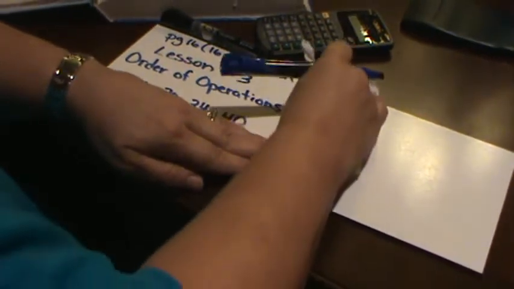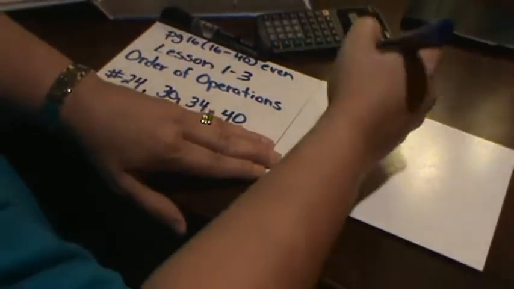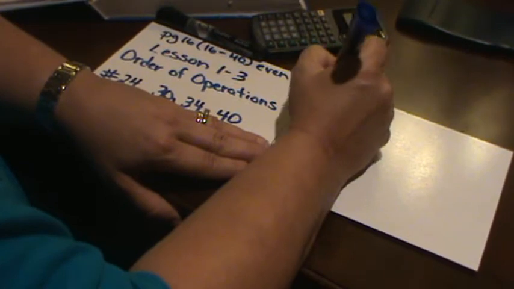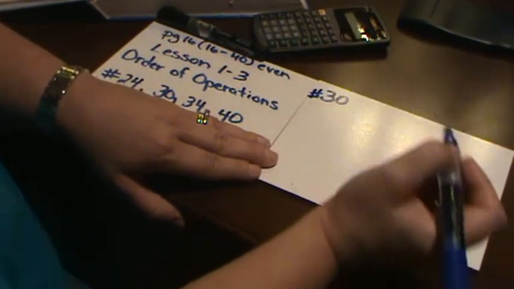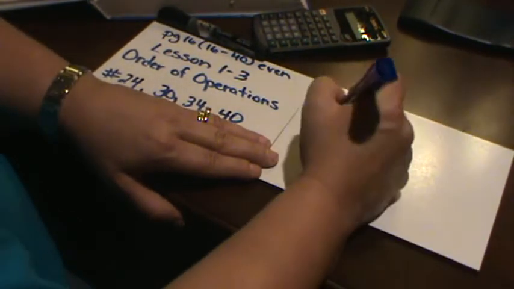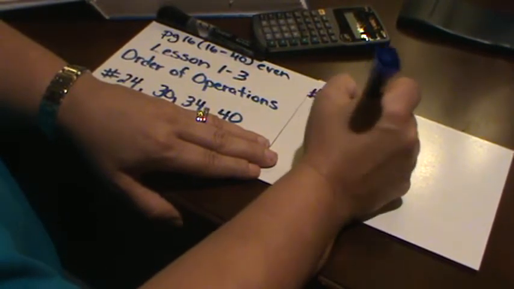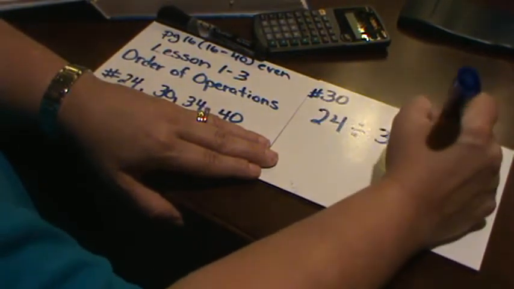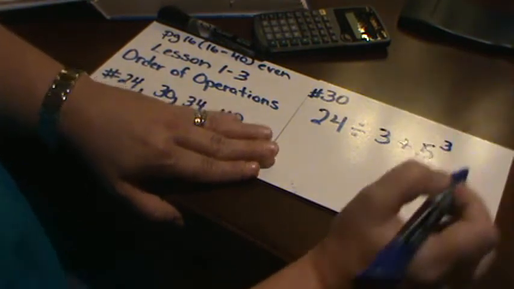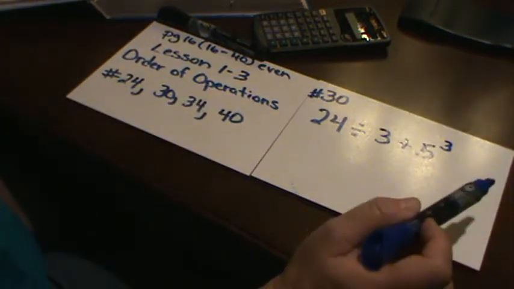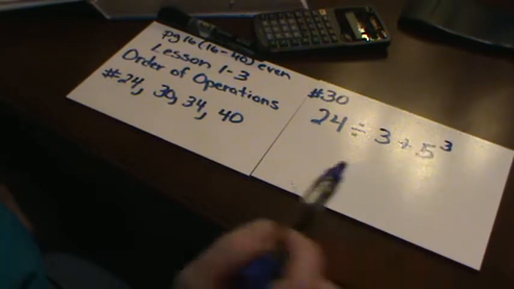The next one I chose to work with you is number 30. Number 30 is 24 divided by 3 plus 5 cubed. Remember, we use the word cubed to mean to the 3rd power.